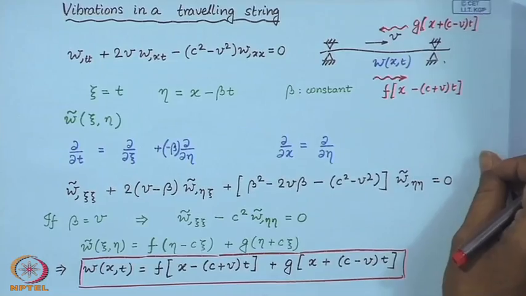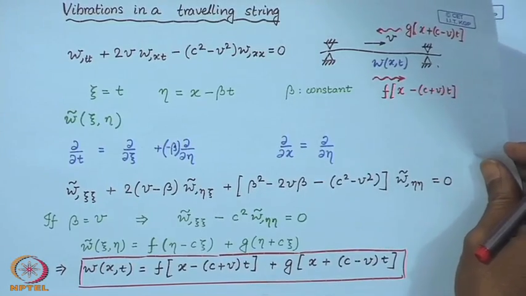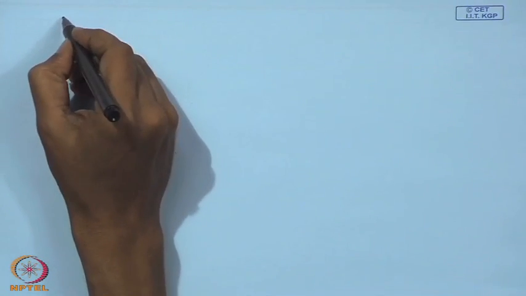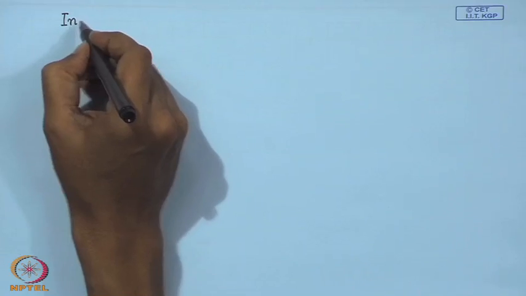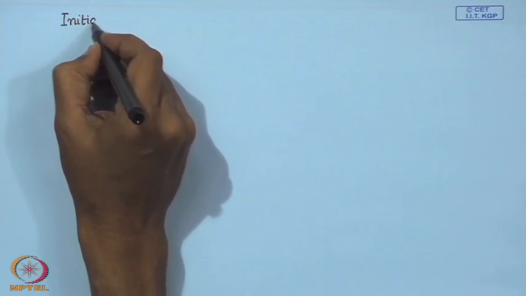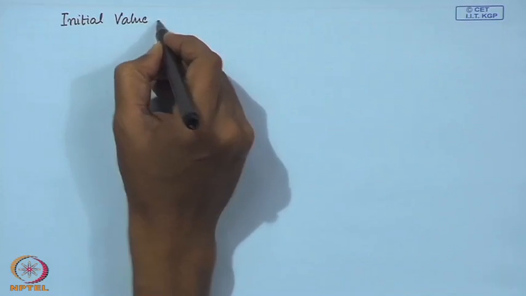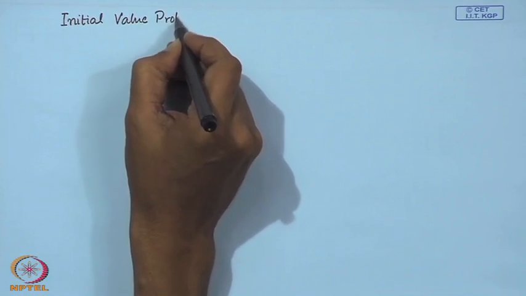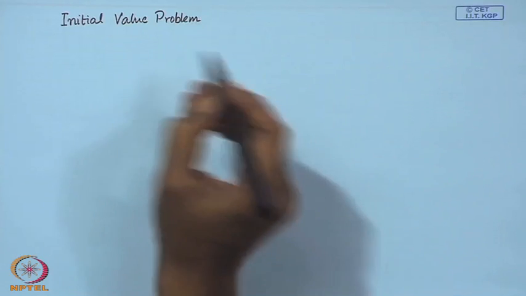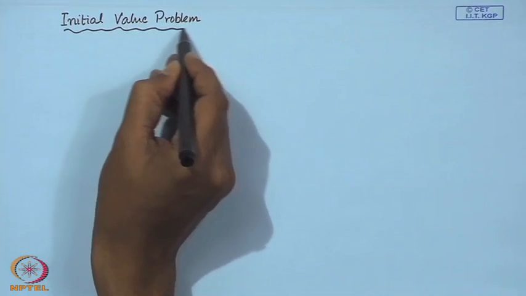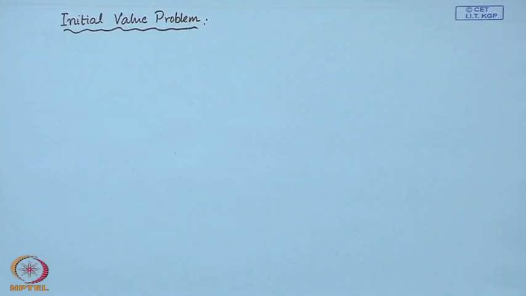Now, then let us look at the initial value problem. We have looked at this before. We have looked at this problem for the static string.